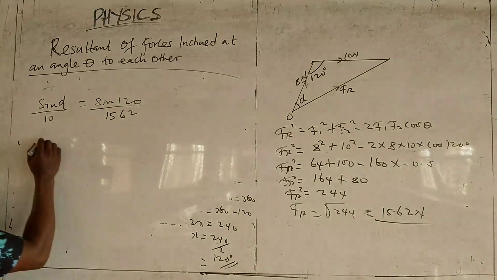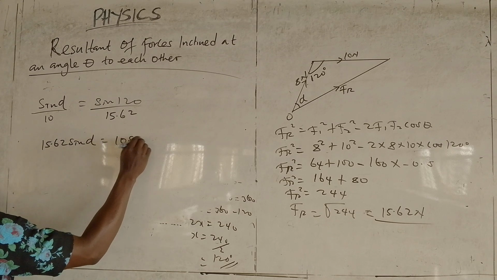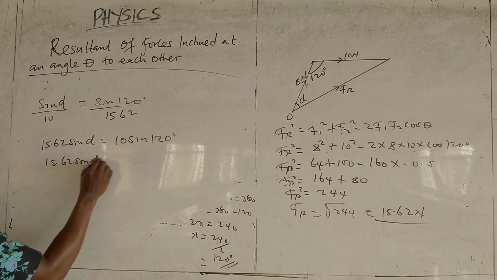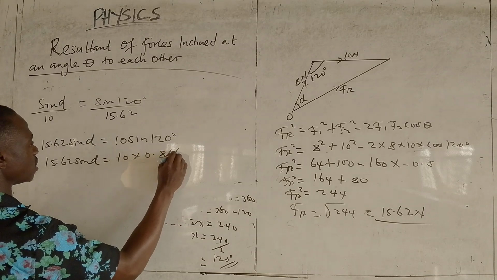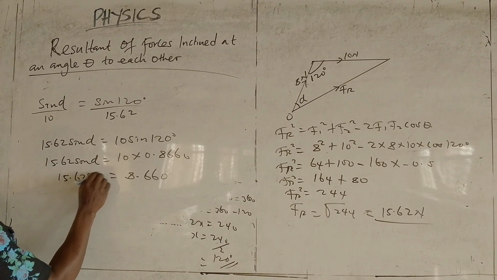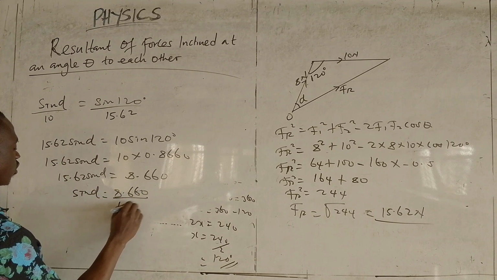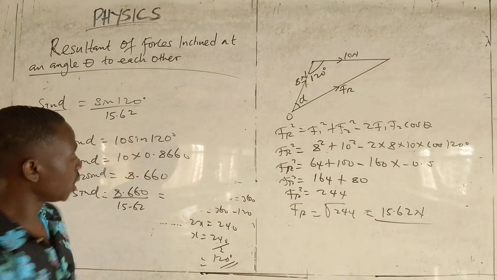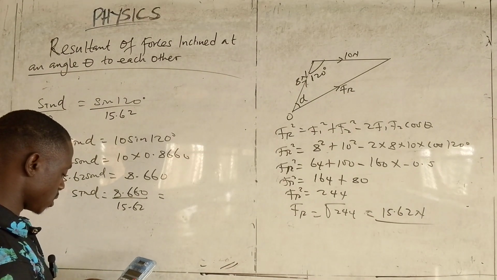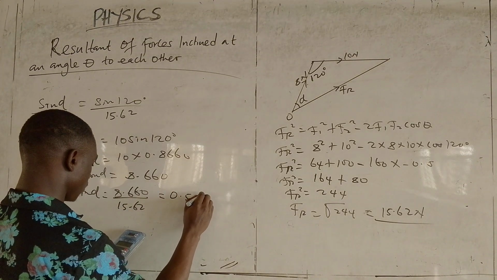And what is FR? 15.62. Are you following? So cross multiply: 15.62 sine alpha equals 10 sine 120 degrees. So 15.62 sine alpha is 10 times 0.8660, which is 8.660. Then sine alpha is 8.660 over 15.62, which is 0.5544.